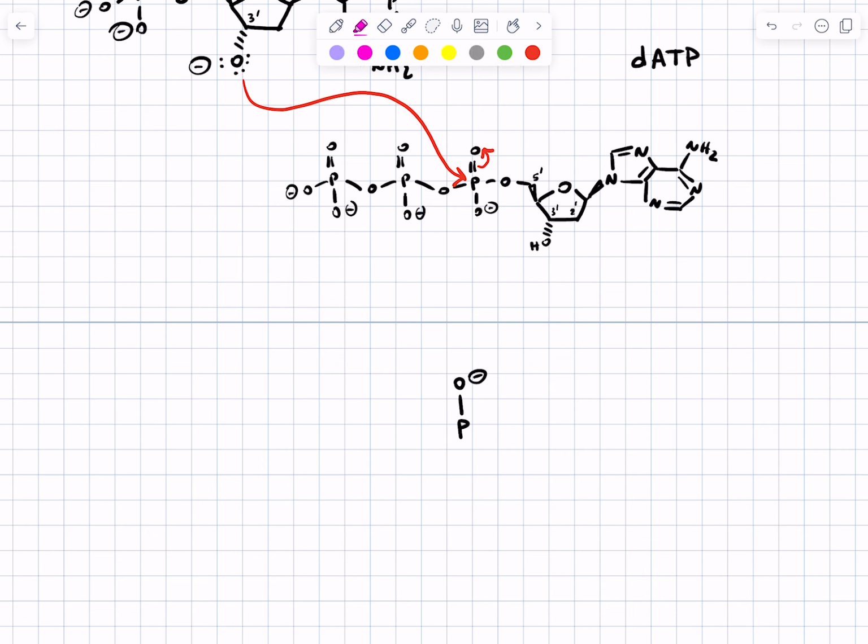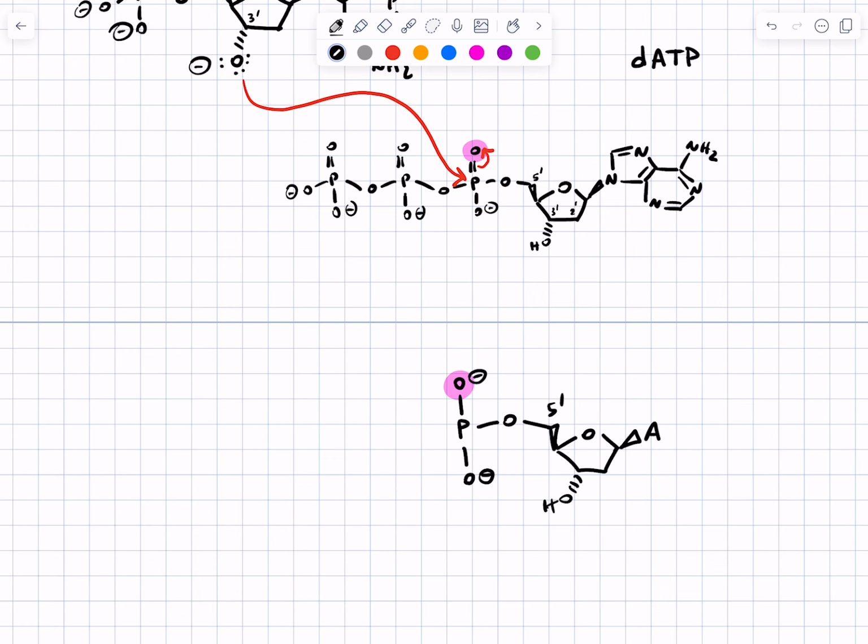One is the oxygen that used to be doubly bonded to the phosphorus. That's sort of like your carbonyl oxygen. One is the 5' hydroxyl of the ribose ring, or the deoxyribose ring. At this point, we're just going to draw A. Can you live with that? Sure. Probably, yeah. Okay.